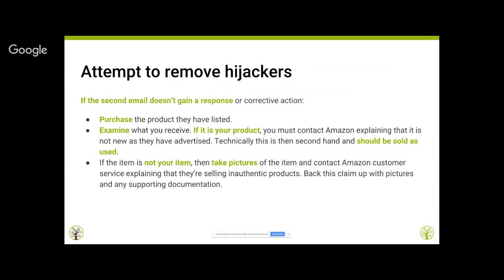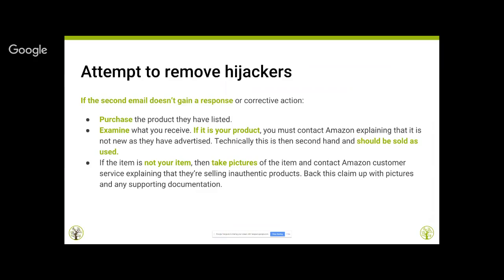If it's not your item, then take pictures of it. In all likelihood, if they've gone and sourced this themselves and you've differentiated at all, their item's not going to match the detail page, and you probably control the detail page.